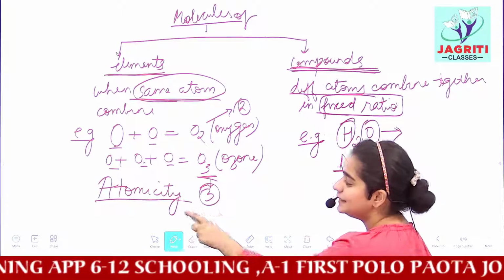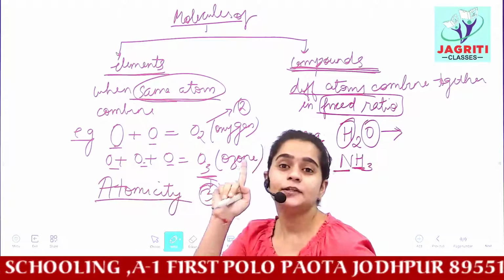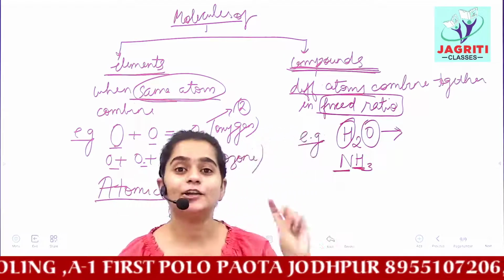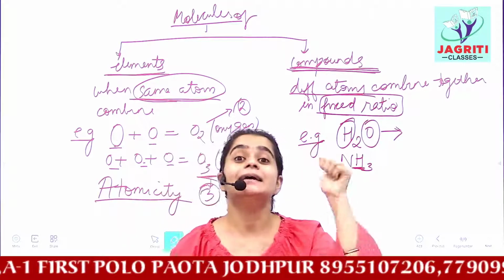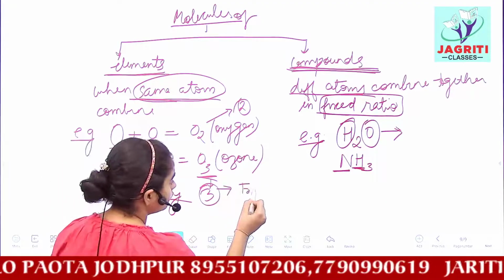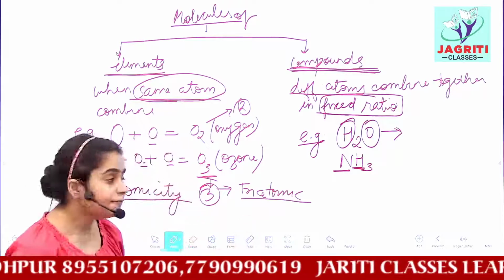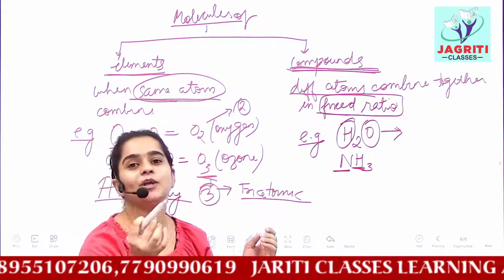If the atomicity is 1, then we call it monoatomic. If the atomicity is 2, it is called diatomic. And when the atomicity is 3, it is called a triatomic element. If atomicity is more than 3, then we call it polyatomic.